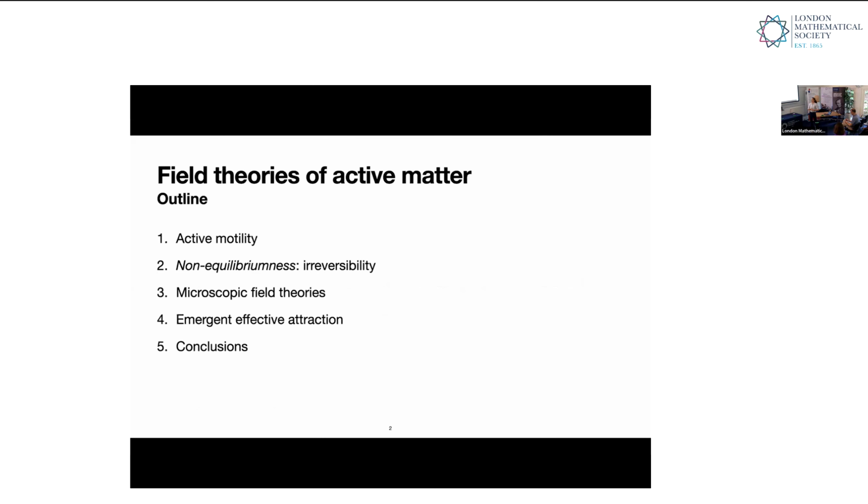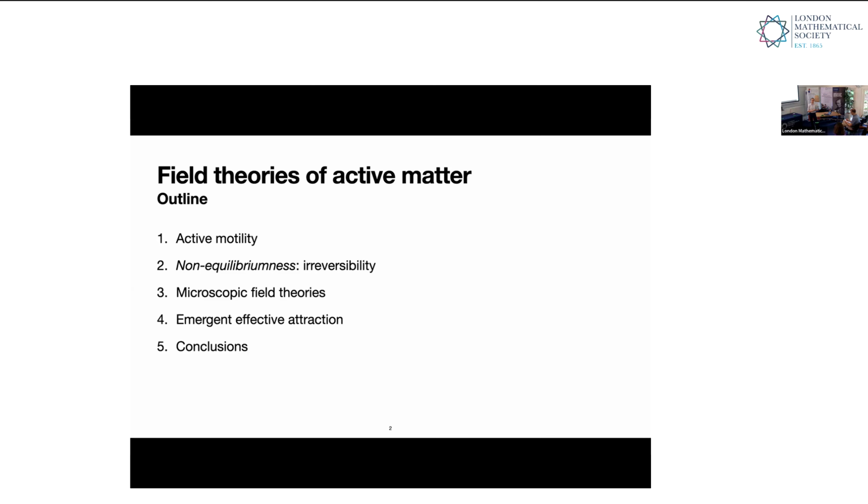So first, I will introduce active motility, then I will talk about the non-equilibrium behavior of active matter, and I will focus on entropy production as a measure of time irreversibility. Then I will move on to the microscopic theories that I use to study active matter, and I'll give you a glimpse of how this framework works, and how, for example, we use it to talk about emergent behavior in active matter.